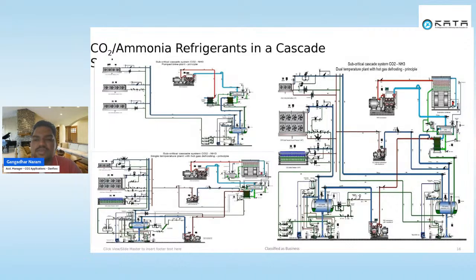All this will be handled with CO2. Only the higher side, which you can see here, can use ammonia as a refrigerant. In this way, you can reduce nearly 90% of the ammonia in the plant, so that safe and secure operation is possible with a CO2 ammonia refrigeration system.